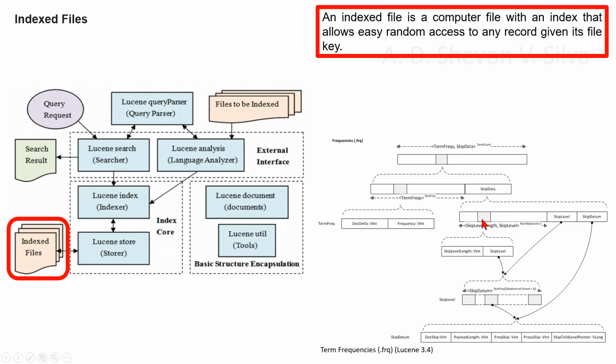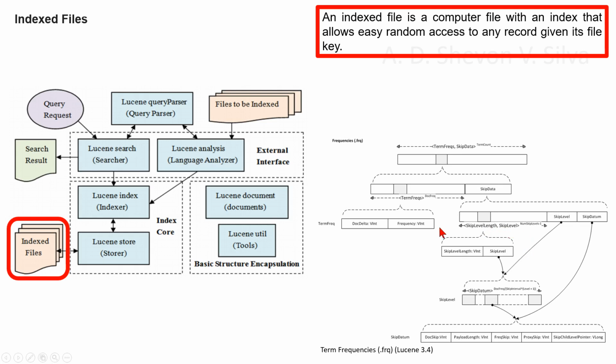The number of skip levels in skip data equals NumSkipLevels, which equals min(MaxSkipLevels, floor(log(docFreq) / log(SkipInterval))), where doc frequency is the count of documents that contain the term.